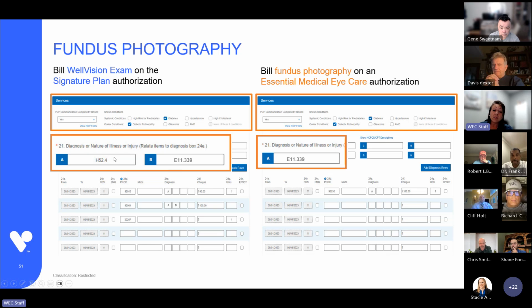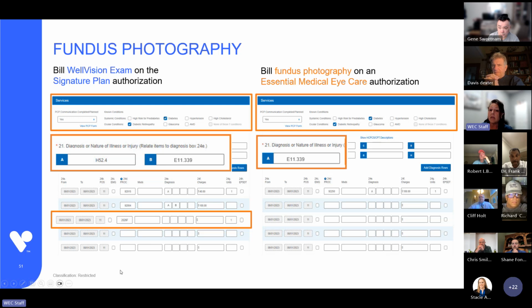Because you're billing this to Well Vision Signature for this claim, and you started out with that Signature plan authorization, you're still going to do just a refractive diagnosis code, because this is just your Well Vision plan that you're submitting this claim to. Again, your 92004, 92015, that authorization recognizes those CPT codes, so it's okay. And you're going to do a CPT-2 code for your diabetes to get reimbursed your extra $5.